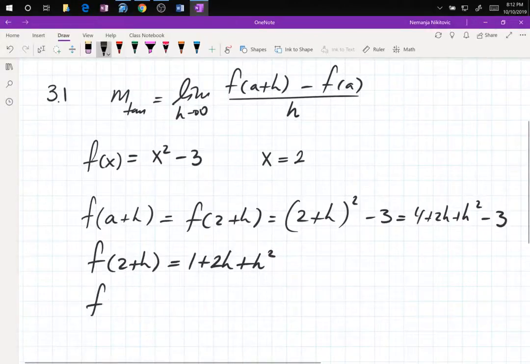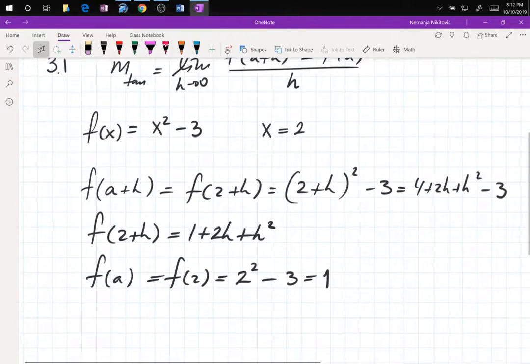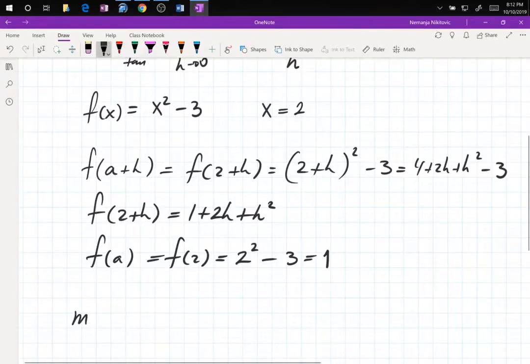Then we also needed f of a, which in our case is f of 2, which is simply 2 squared minus 3, which is 1. And now we feed all of that stuff into the limit to find the slope.